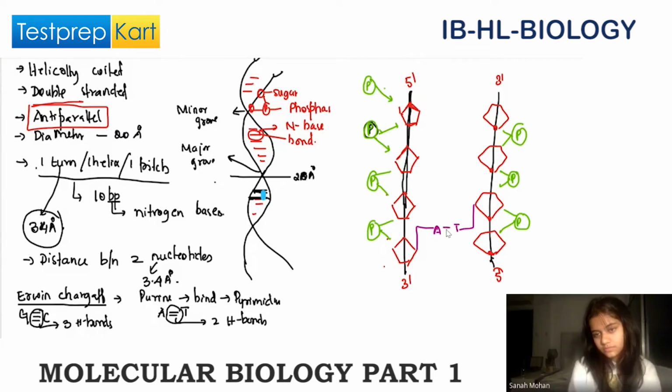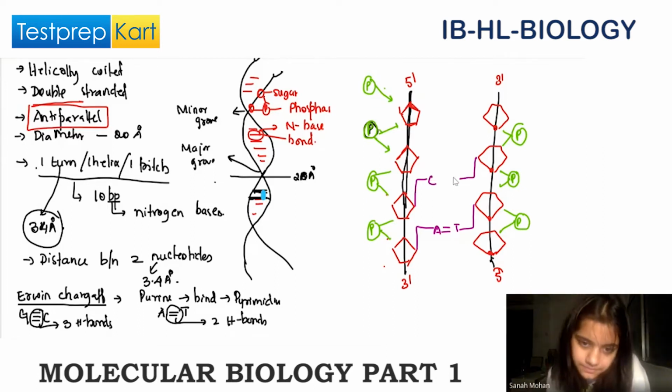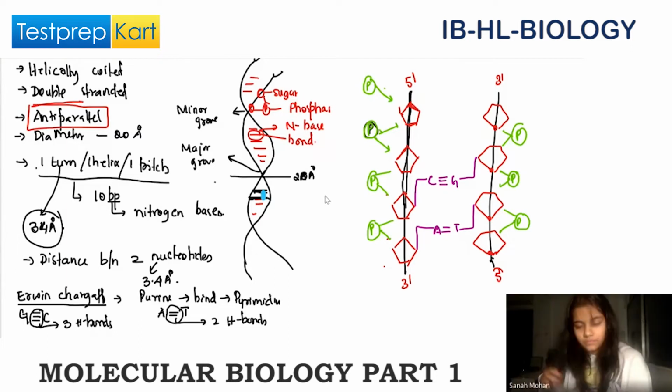Two. Again, if we have a cytosine here, what will be here? Guanine. How many bonds? Three. See, this is how they are arranged. Can you see that?